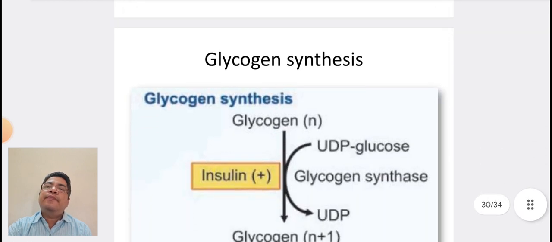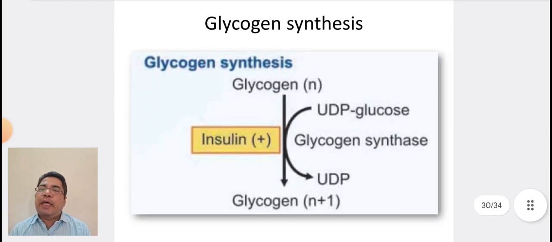On the other hand, we have glycogen synthesis where glycogen N is converted into glycogen N plus 1 and UDP glucose into UDP with the enzyme glycogen synthase, and insulin has a positive effect on glycogen synthase.